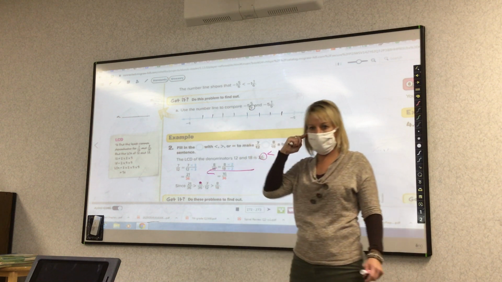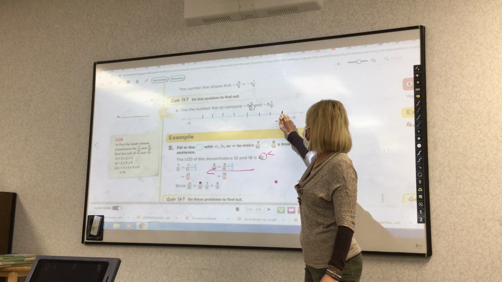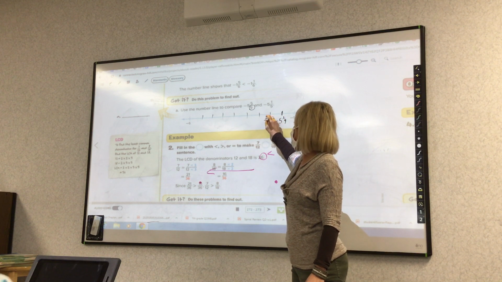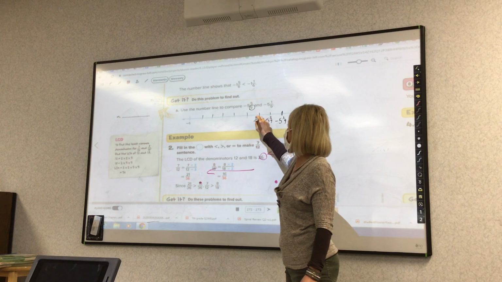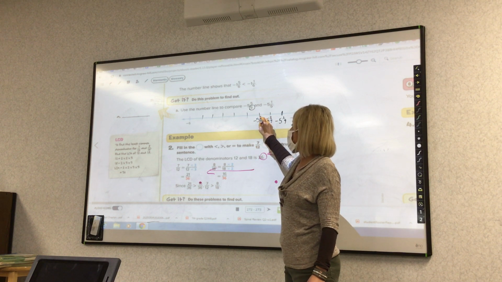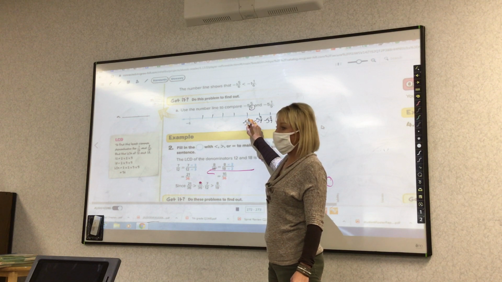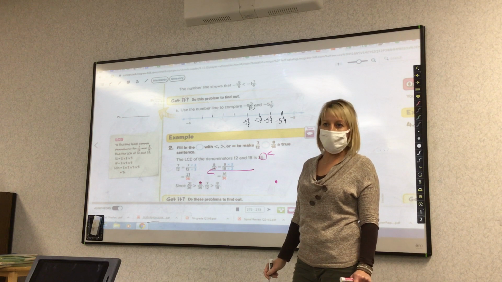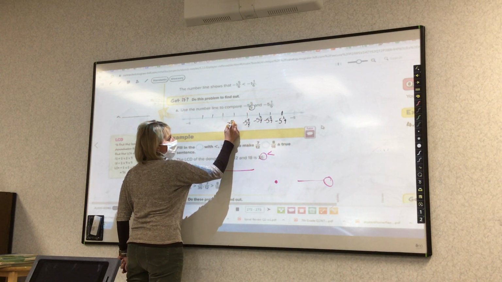It's pretty close, not perfect. So then I label it. This would be negative 5 and 1/9. Negative 5 and 2/9. Negative 5 and 3/9. Negative 5 and 4/9. Go ahead and mark your number line and label it. I'll continue labeling mine.